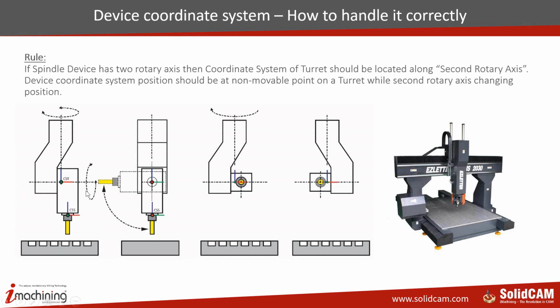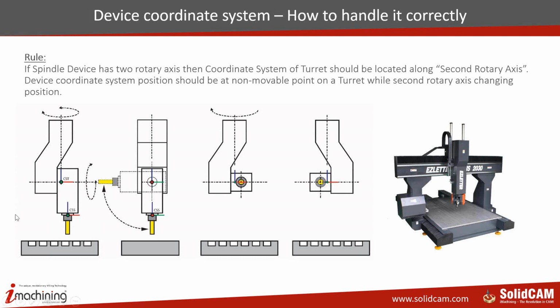Now, as you can see, the main reason why we are doing this is that even when you're rotating the second rotary axis here, the pivot point position is not changing at all. And in this way, it's very easy to calculate all the axis limits, to know whether you are inside or not.